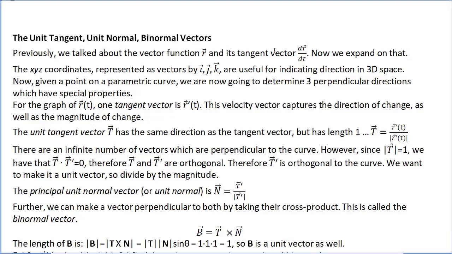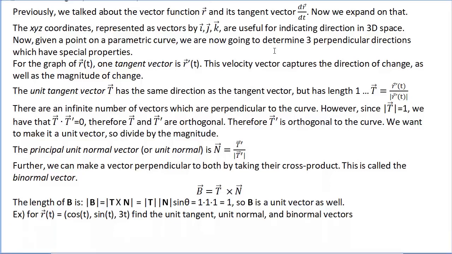And that's what T, N, and B do. Finding T is very easy: you just take the derivative of the position vector and then divide by the magnitude. That's relatively straightforward. Subsequent to that, the calculation to find N is rather lengthy. And then after that, you take a cross product, so the calculation to find B is even lengthier.